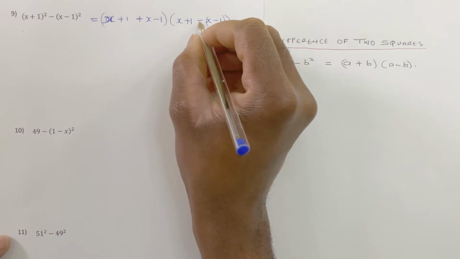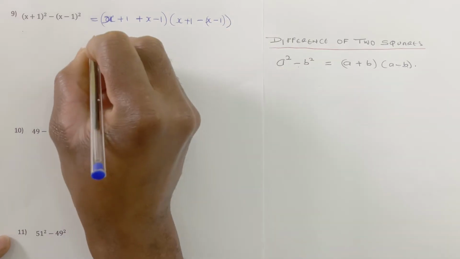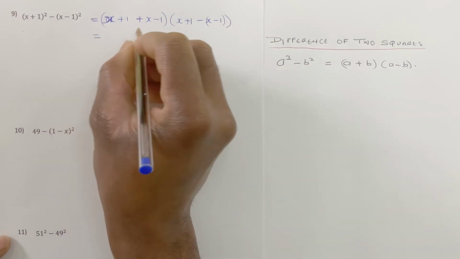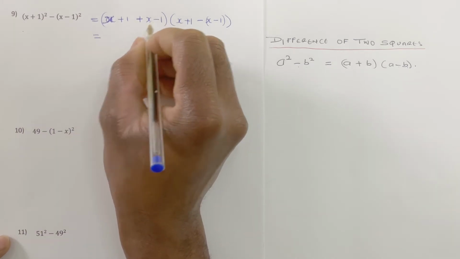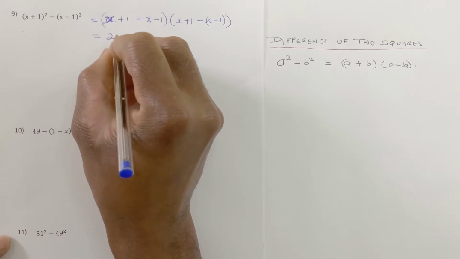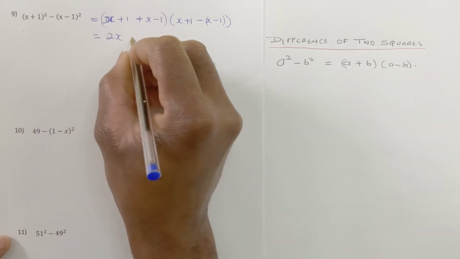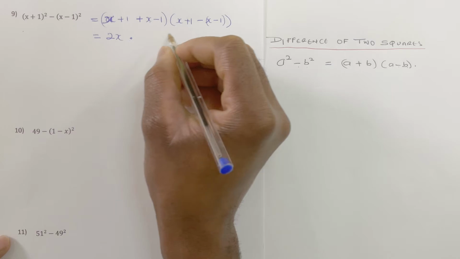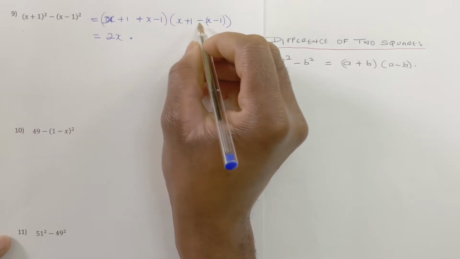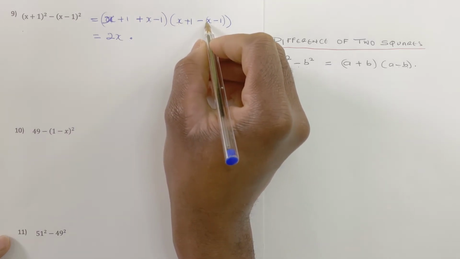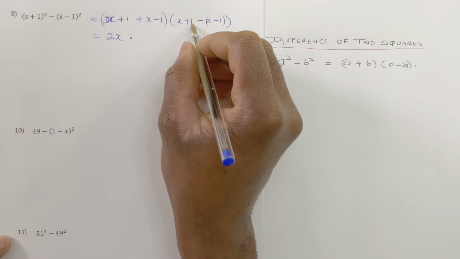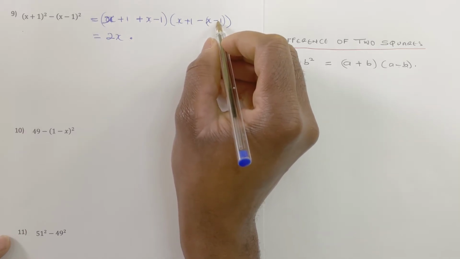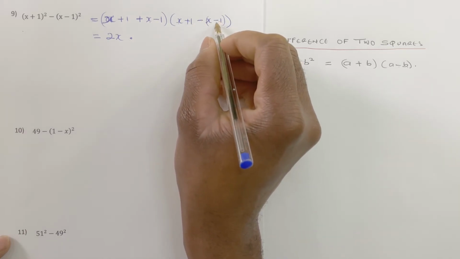I have to put the negative 1 in a bracket, and that would then be 2x, because 1 minus 1 is 0, so that's just 2x. And I'm timesing that by, I use a dot for times, well, now x minus x, they cancel out. 1 minus minus is plus, 1 plus 1 is 2.